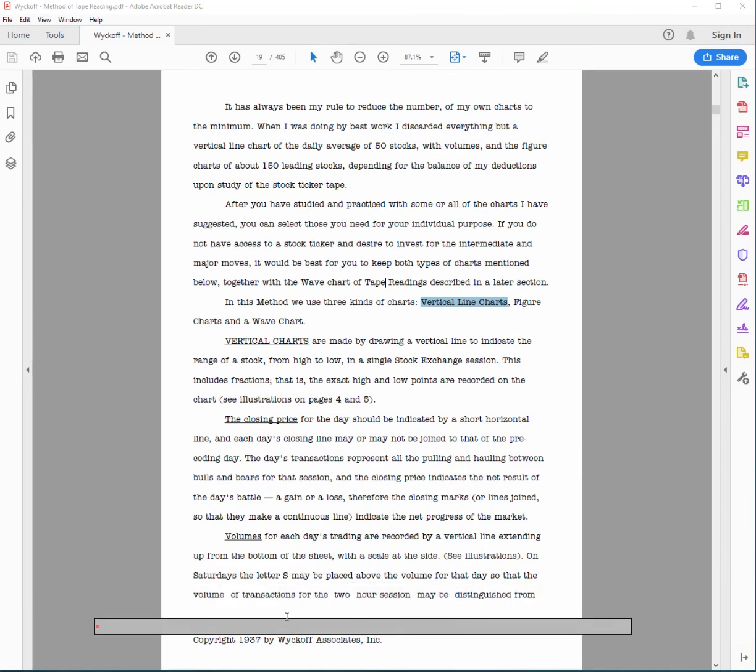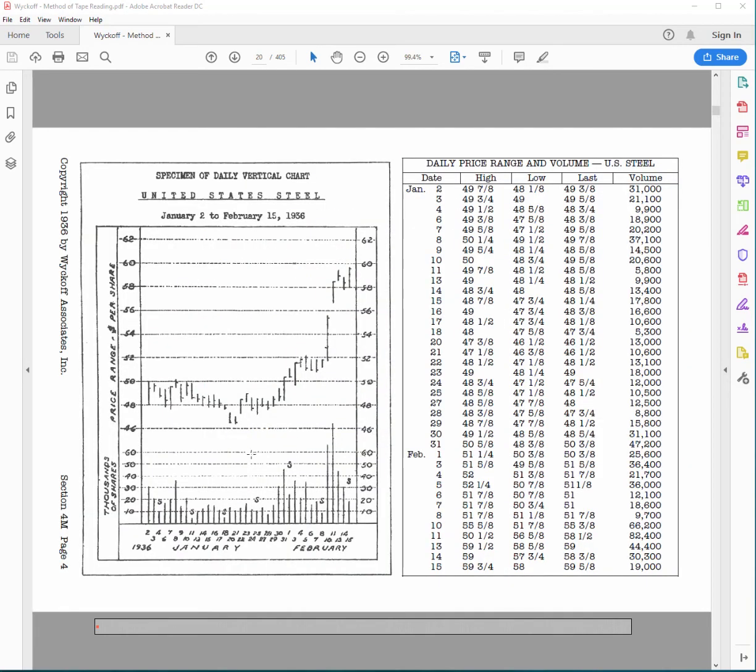Anyway, I'm not going to go through that. Everybody knows what a bar chart and volume is, right? Basically, high-low close is a bar and the volume underneath it.